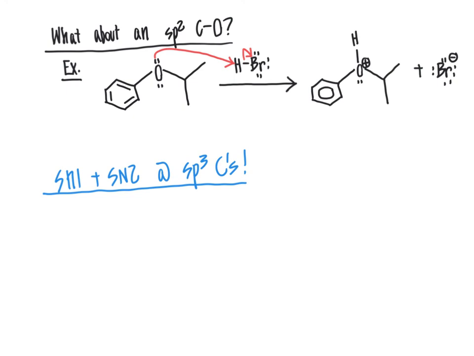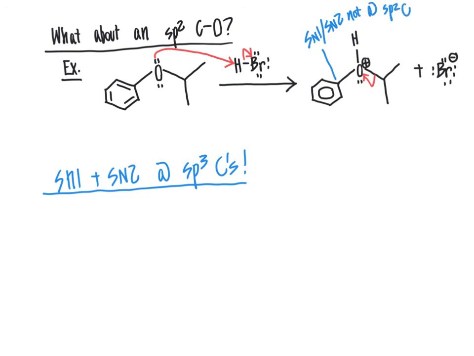And now at this point, when we think about which of these 2 bonds to break here, this carbon-oxygen bond or this one, it absolutely has to be the one on the right, because if we broke the one on the left, we would end up with a carbocation at an sp2 carbon. That is not suitable for nucleophilic substitution, and so we have to break from the one on the right, because Sn1 or Sn2 for that matter is not going to happen at an sp2 carbon.